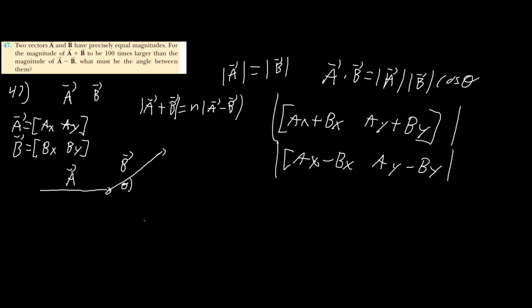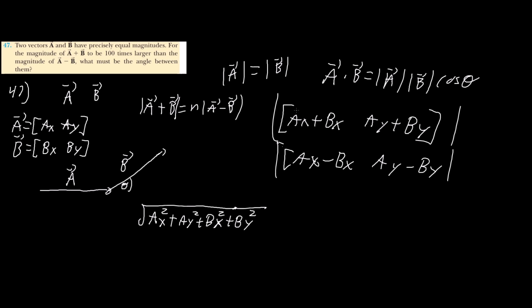So let's take the magnitude of this thing, and I'm going to go very fast, guys. The magnitude of that is going to be the square root of this whole thing squared. I'm going to put AX squared plus BX squared, but I'm going to reorder this: AX squared plus AY squared, plus BX squared plus BY squared.